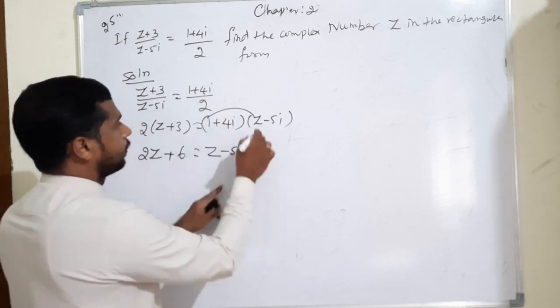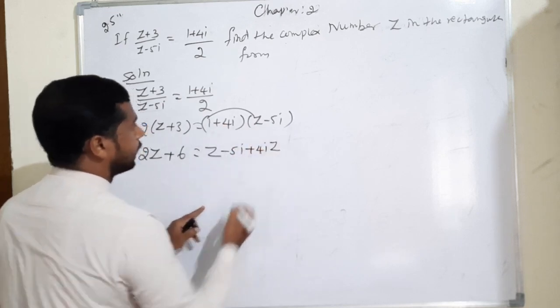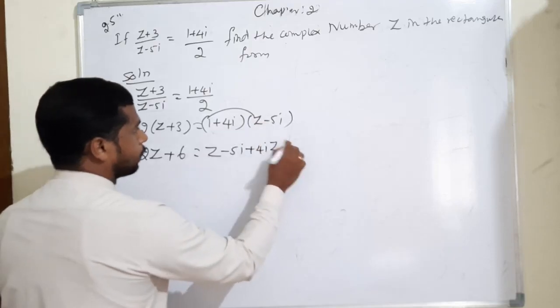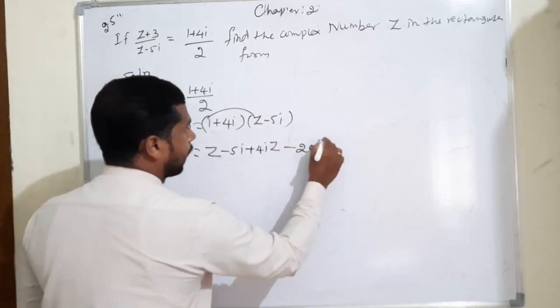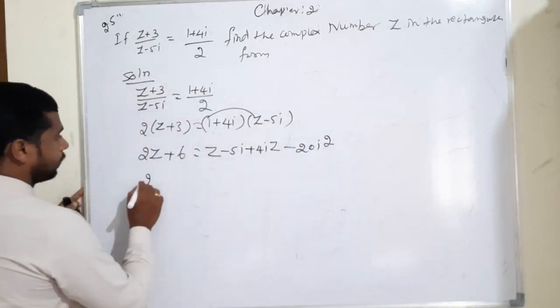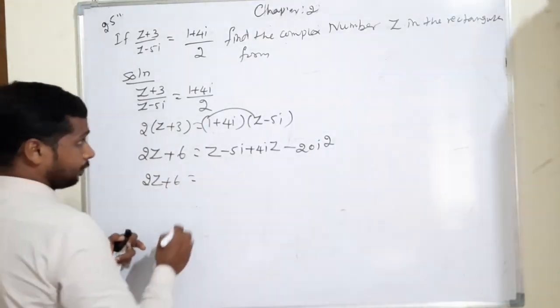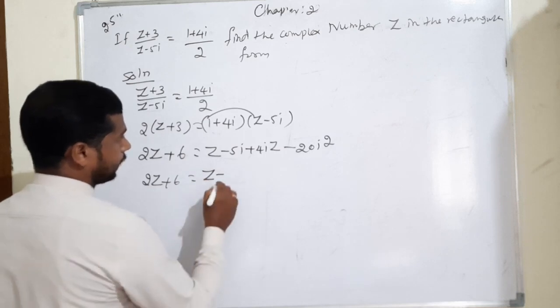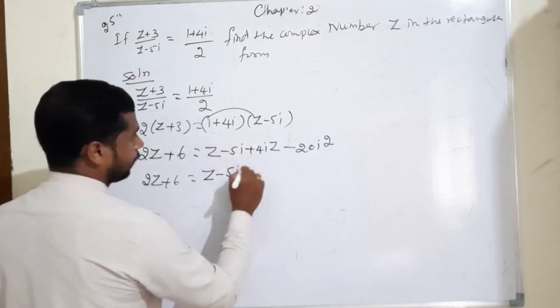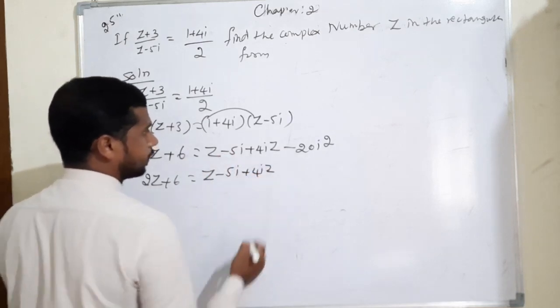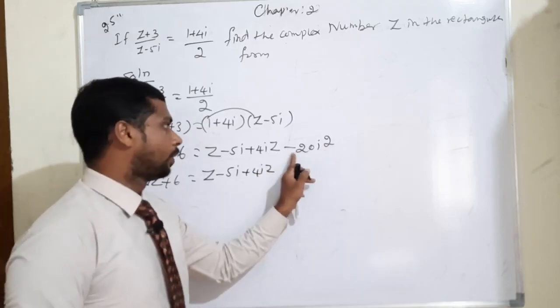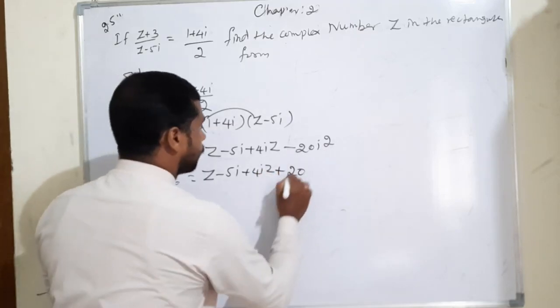Next, plus 4i into z is plus 4iz. Plus into minus is minus, 5 into 4 is 20i square. So 2z plus 6 is equal to z minus 5i plus 4iz, and i square means minus 1, we have a common minus, therefore positive 20.